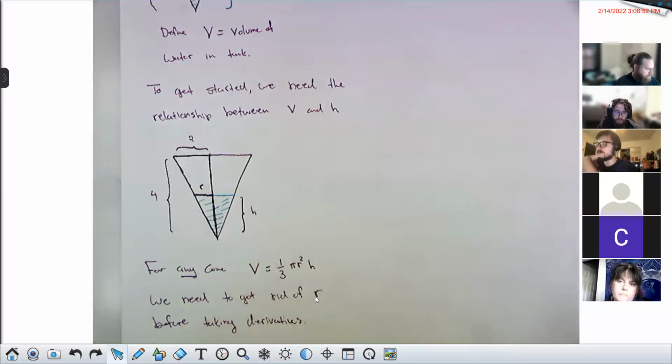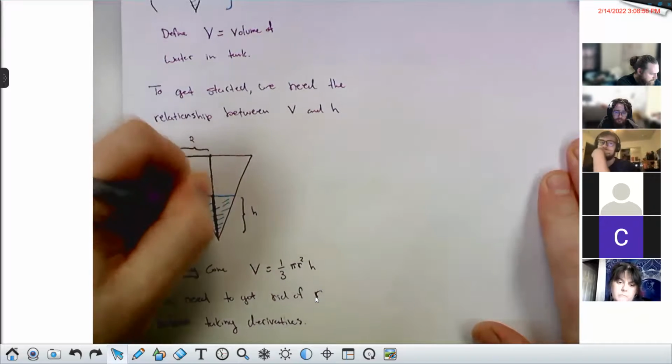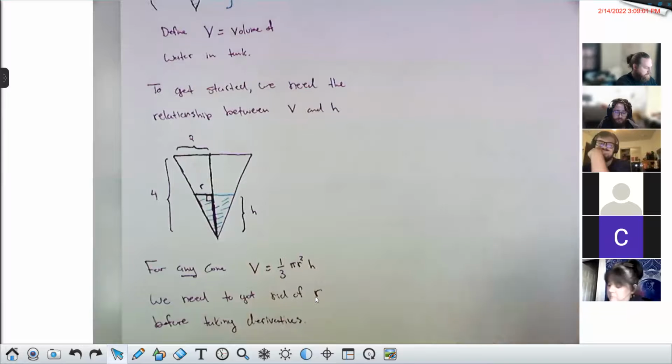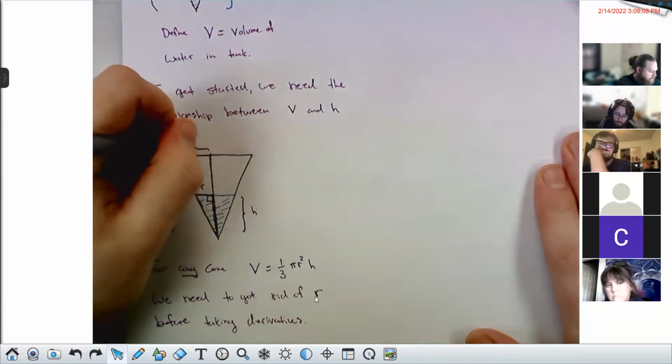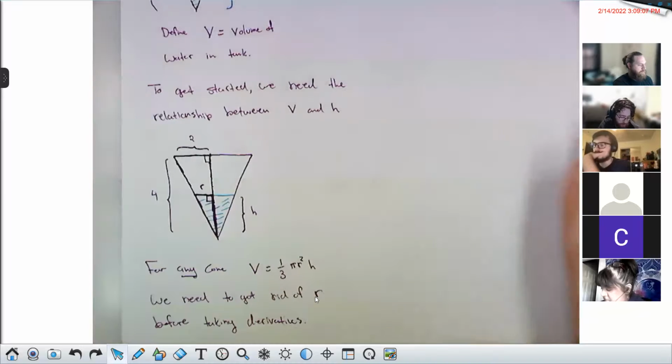So the little purple triangle in here is similar to the larger black triangle here because they share two angles, or one is inscribed in the other.